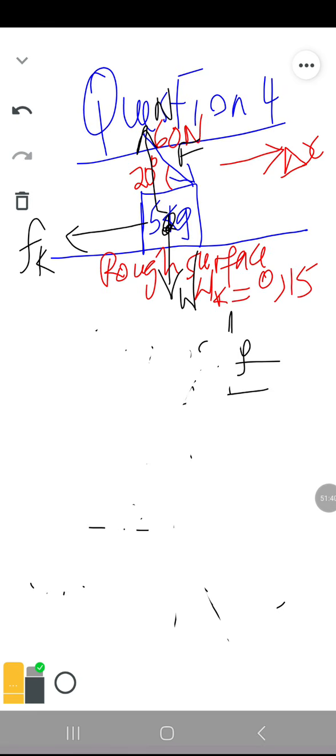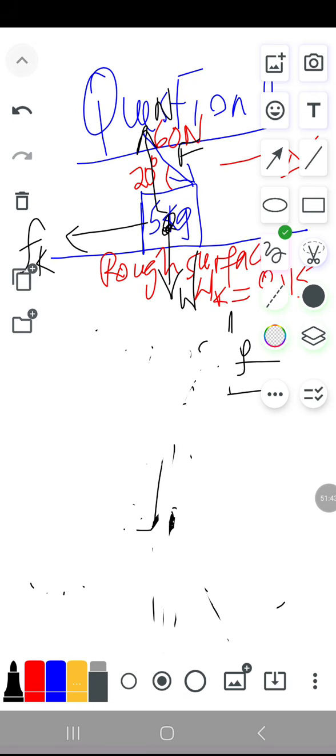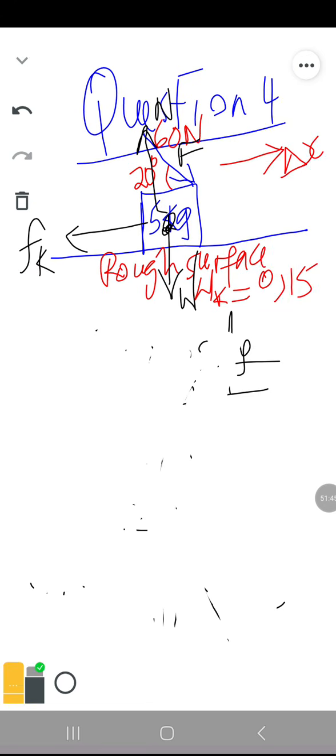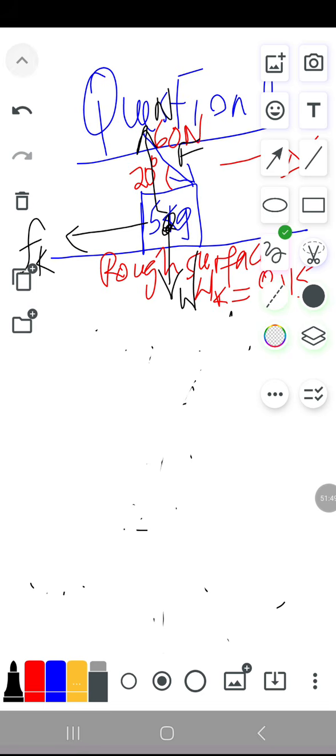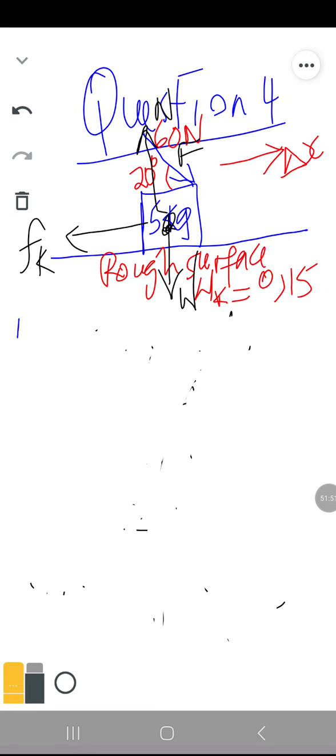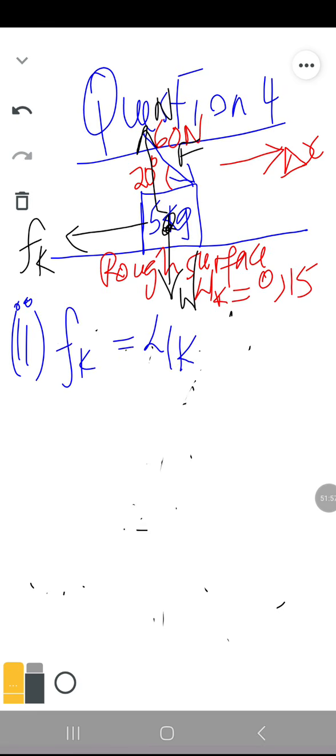Fk is equal to the coefficient of kinetic friction multiplied by the normal force. So for question number 2, Fk is equal to coefficient of friction multiplied by normal force. Remember here, it's 0.15 multiplied by normal force.